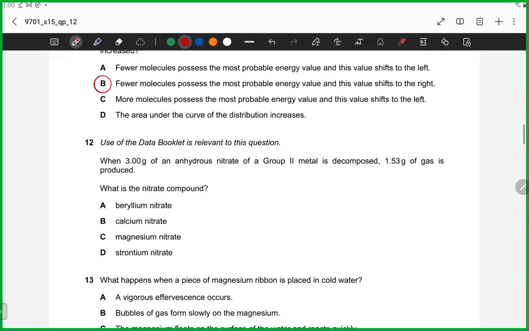So there's a nitrate that's decomposing, a group 2 nitrate. It decomposes in this way: X(NO3)2 becomes a metal oxide plus gas.